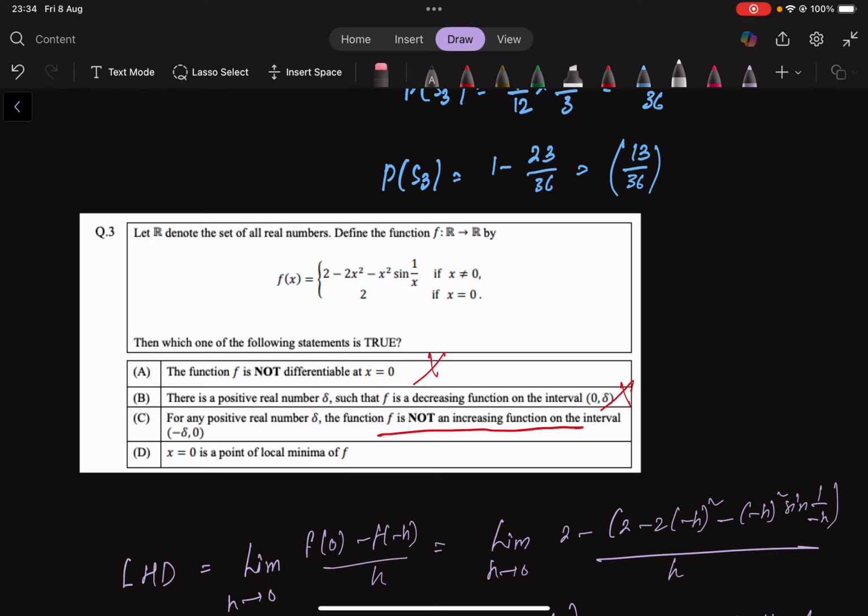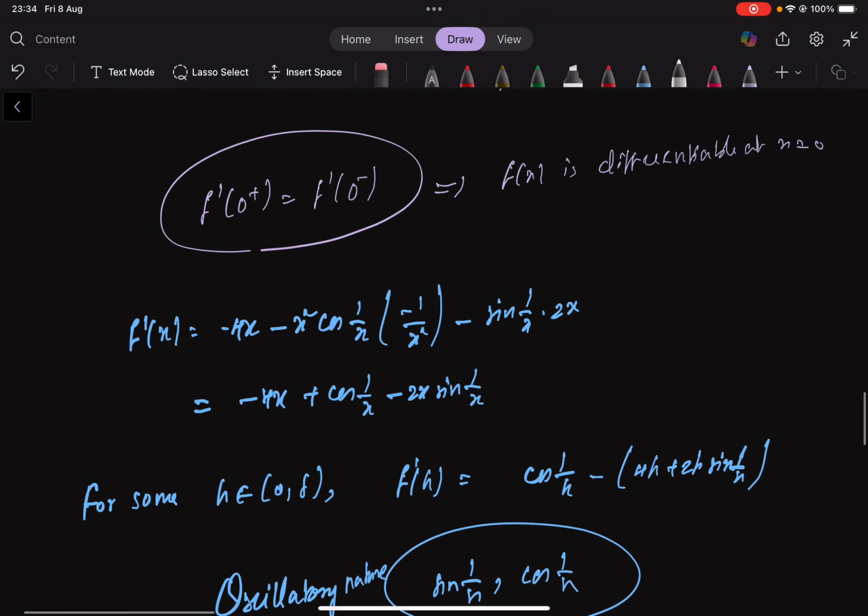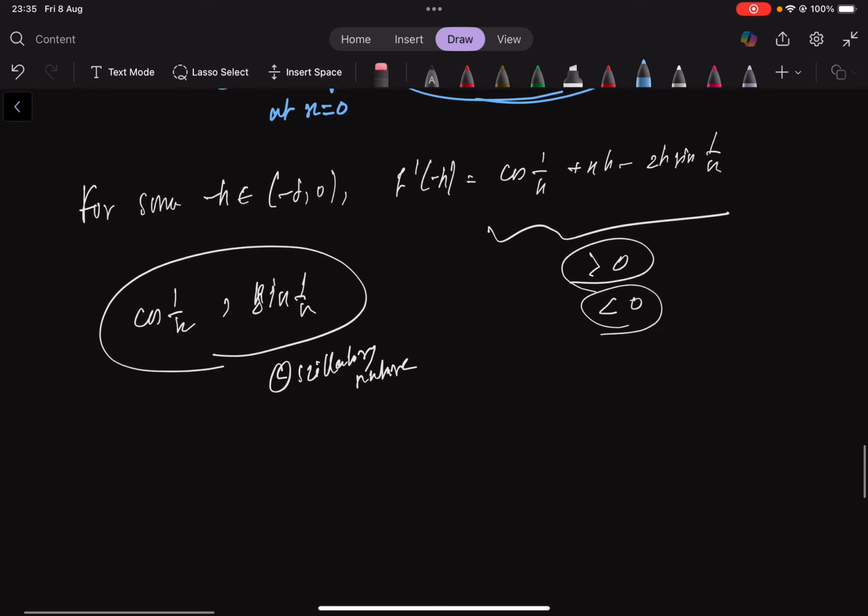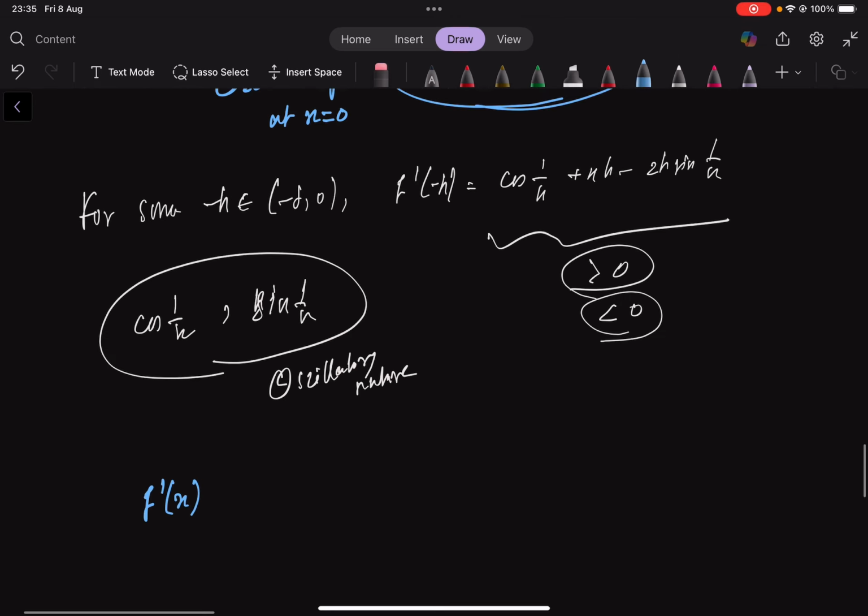Now if we see the last option, x equals 0 is a point of local minima. So if we take the derivative, the same thing. f dash of x is minus 4x plus cos 1 by x minus 2x sine 1 by x.